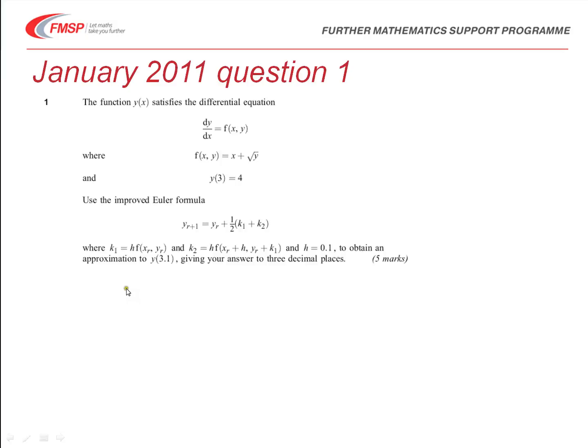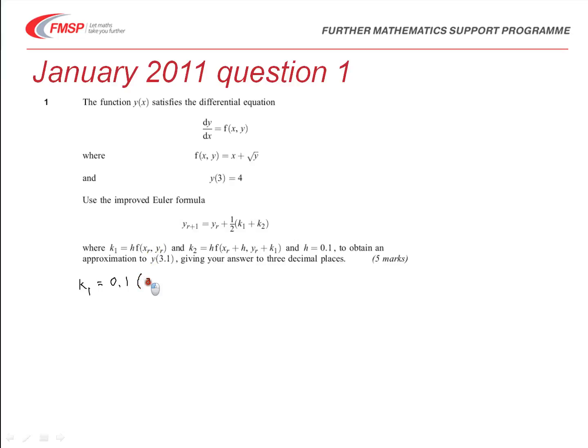Okay, so where do we start? Well, we need to firstly calculate k1 and then k2. So to find k1, we can say that k1 is the step h, which we know is 0.1, multiplied by the value of our function at our starting value of x is 3 and y is 4.